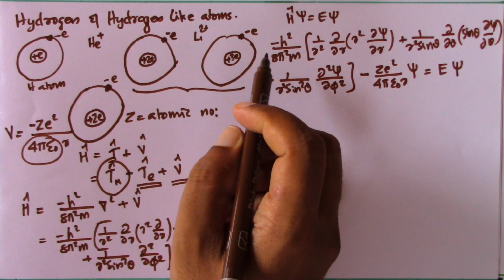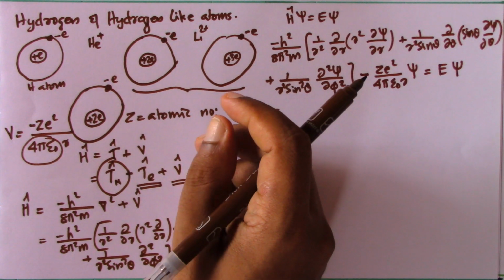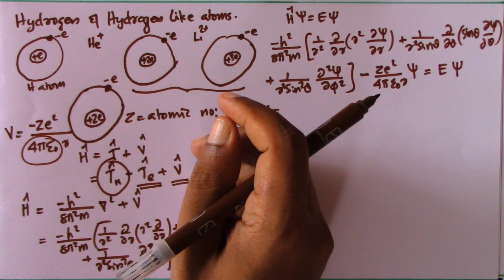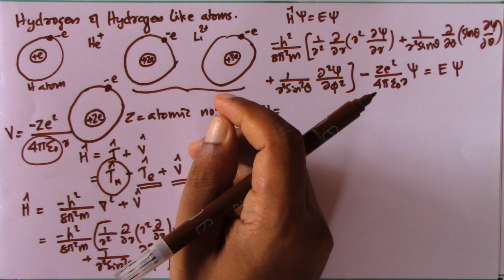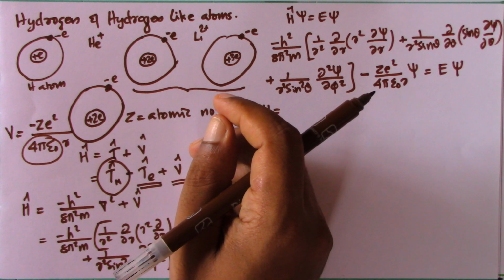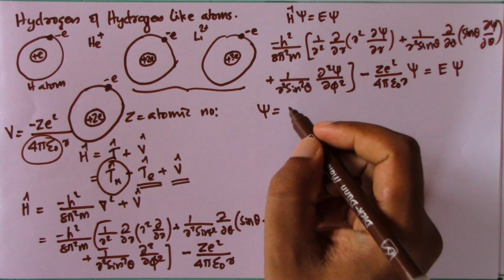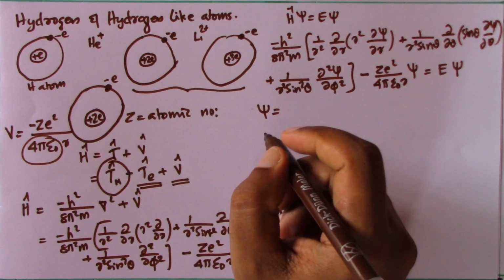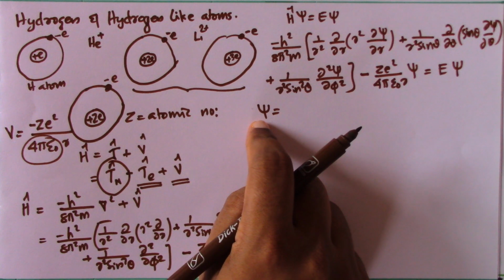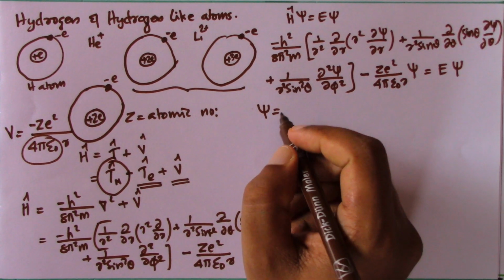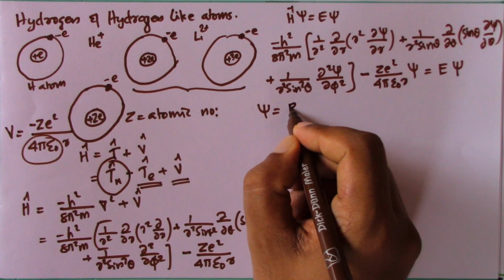Therefore, you can consider an atom as made of concentric spheres. So many spheres of so many radii are stacked together, and that is how an atom looks like. Therefore, you have r as a variable here. So psi is a function of r, theta and phi. Therefore, psi can be expressed as the product of three functions.